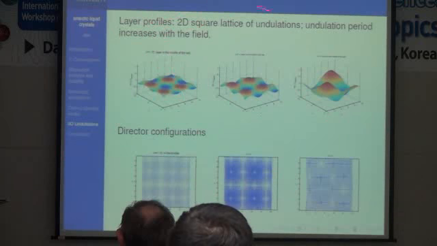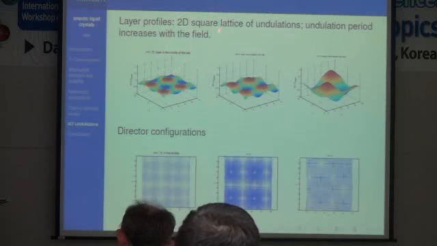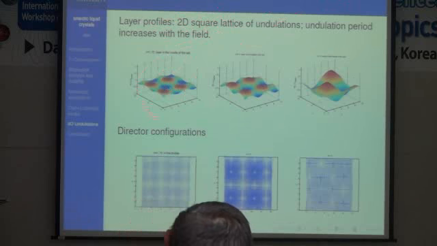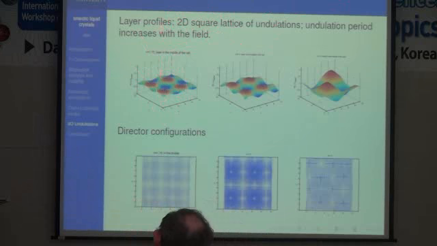So in the traditional boundary condition, first you have a 2D square lattice of undulations with this vertically applied magnetic field, and you can see that the undulation period increases with the strength of the field. So that's what we expected in the experiment, and this is the director configuration.